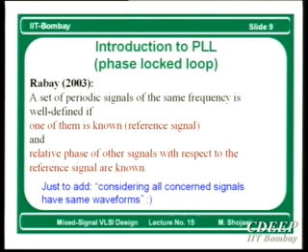So his point is, if I have a reference signal, whatever it is, I can adjust the phase of my other signals with respect to this signal. It is enough for me to know the relative phase, therefore the signal is known.